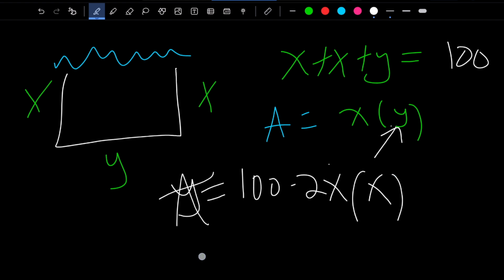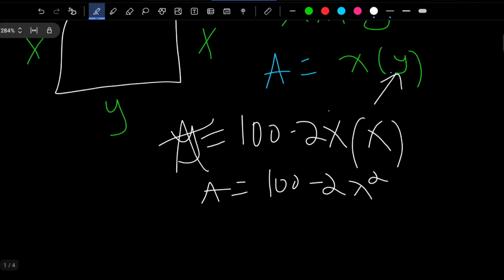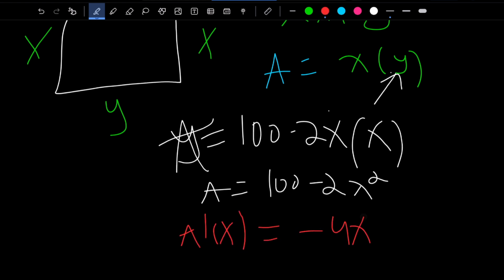You multiply everything out, and you get the area as 100x minus 2x squared. And then we take the derivative of this function and set it equal to 0. So A prime of x equals negative 4x plus 100.